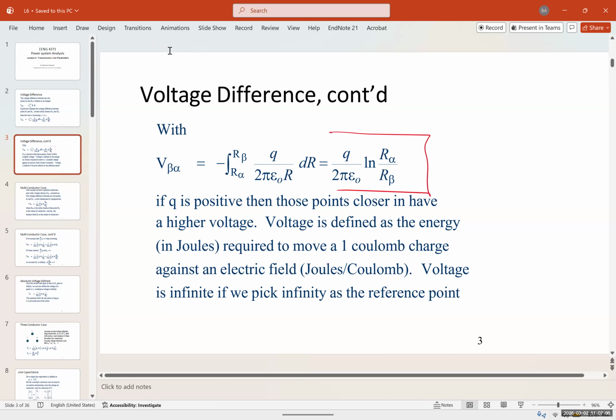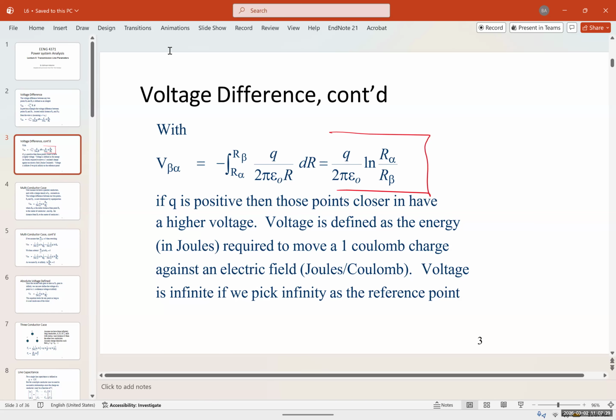This is when we have a circle form. If Q is positive, then those points closer in have a higher voltage, and voltage is defined as the energy in joules required to move one coulomb of charge against an electric field. So the unit is joules per coulomb, or volts.